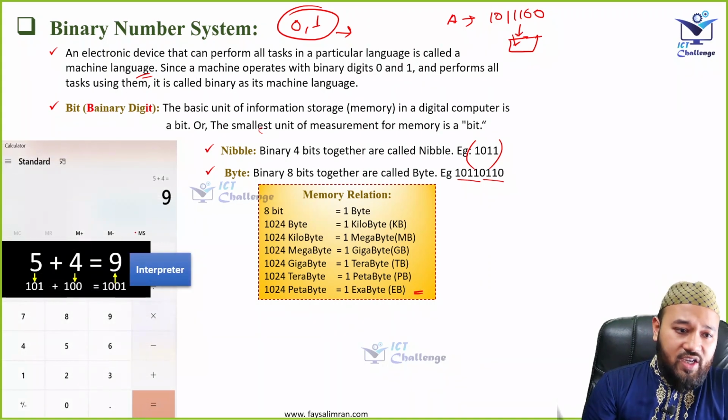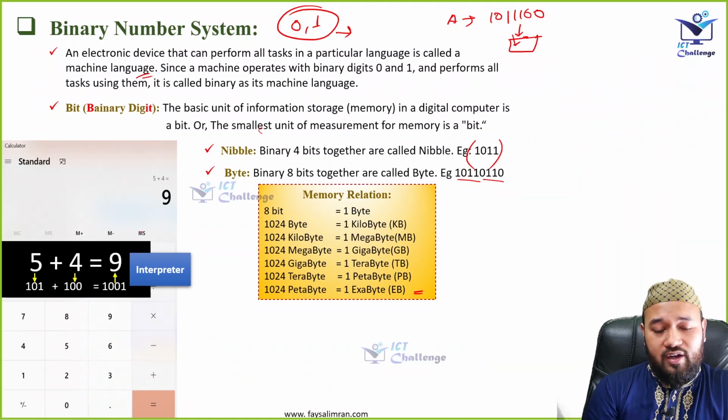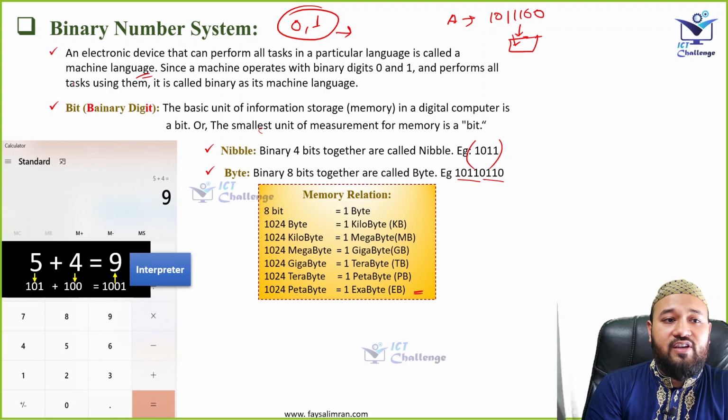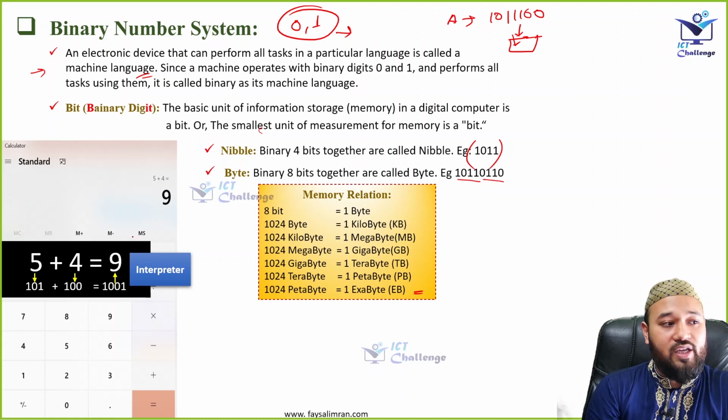So here I have a question: when we calculate 5 plus 4 is equal to 9, how does the device understand my language? As we said before, the device only uses the binary number system, but here we are using 5 and 4, which is a decimal number system. How does it actually work?